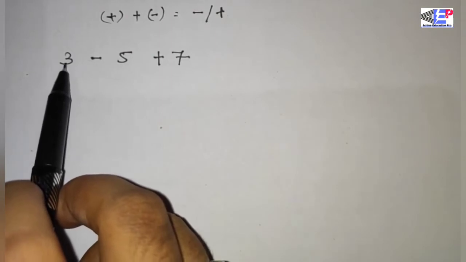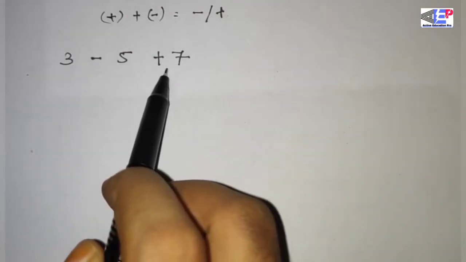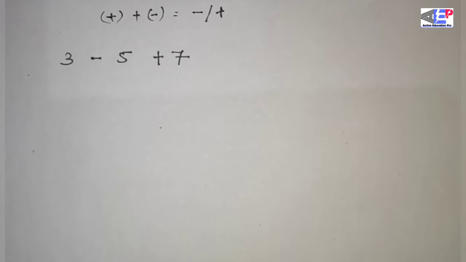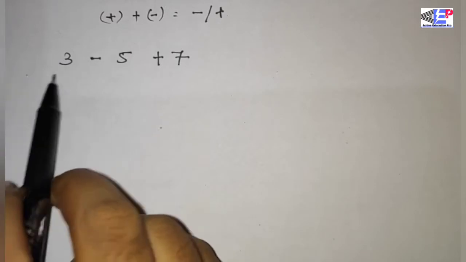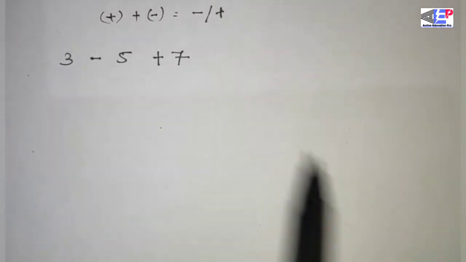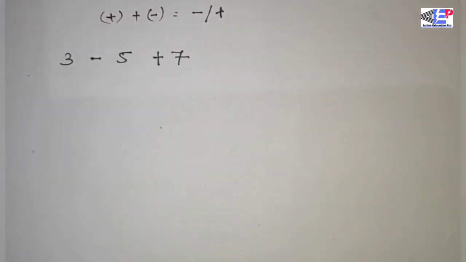In my earlier cases in the last two videos, we had two terms, two numbers to add or subtract. But in this case there are three terms: 1, 2 and 3. So first you have to make a group of the same signs, that is, positive integers and negative integers.